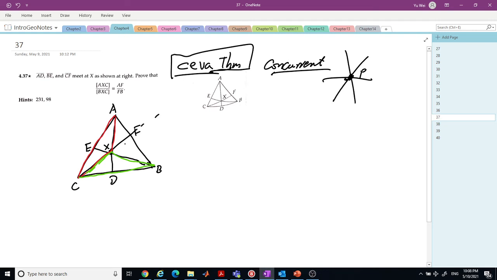Let's extend in this one. So let's draw the height and let's draw the other height. Okay, so if we draw the heights, right?